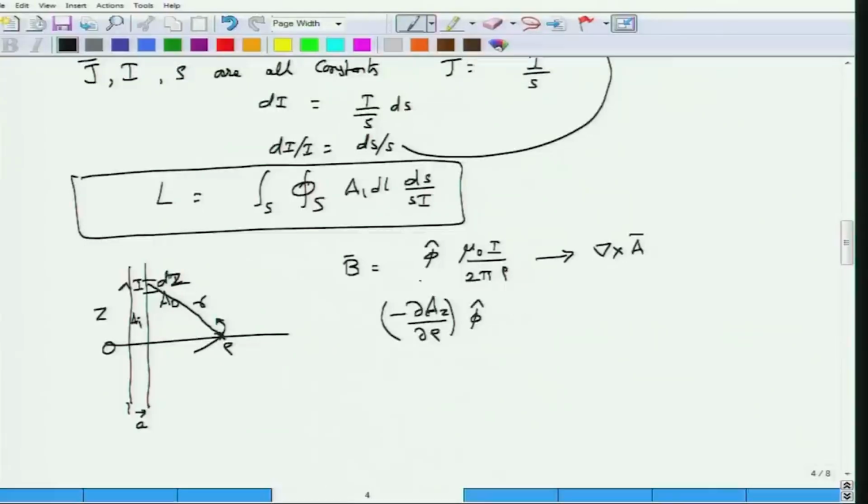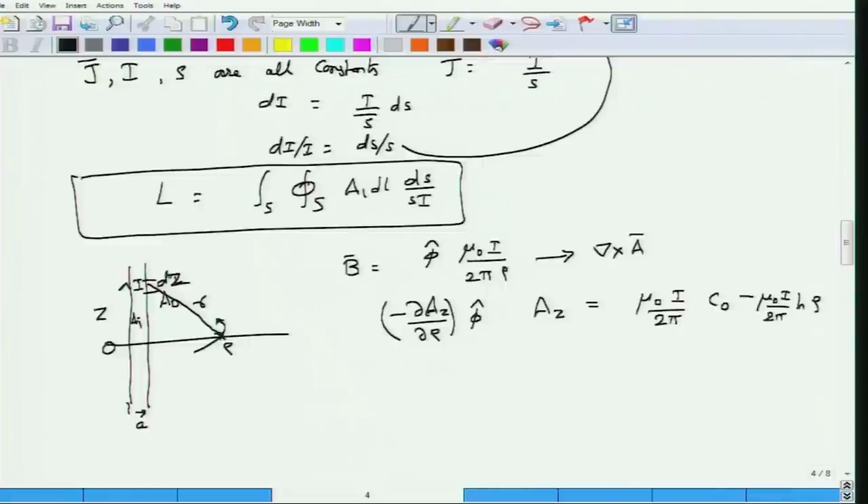So, from this you can actually integrate for z, and you get A z of rho equal to mu 0 I by 2 pi C0, some constant, minus mu 0 I by 2 pi log of rho, okay.